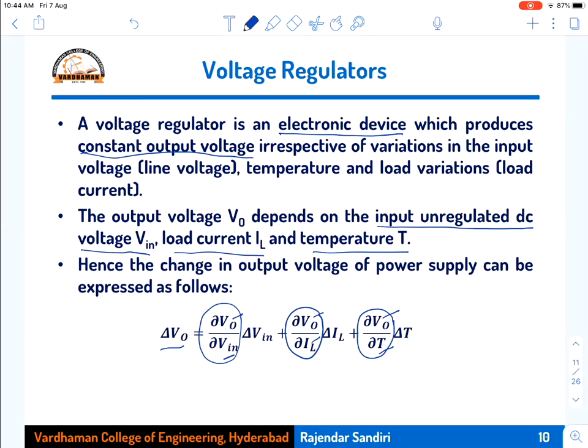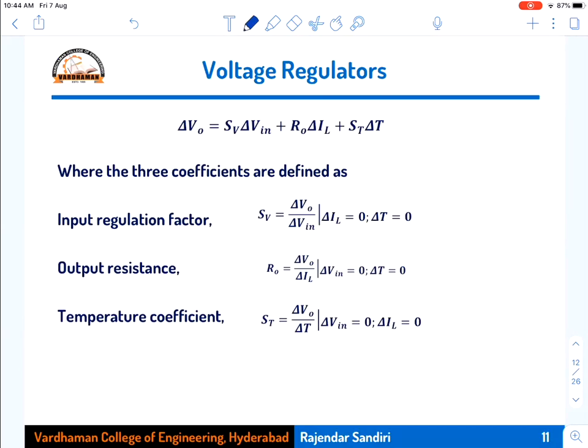So how the output voltage is varying with respect to these things, we call them three coefficients or three stability factors, which are represented as SV, R0, and ST. Those stability factors are coefficients. SV is called the input regulation factor.